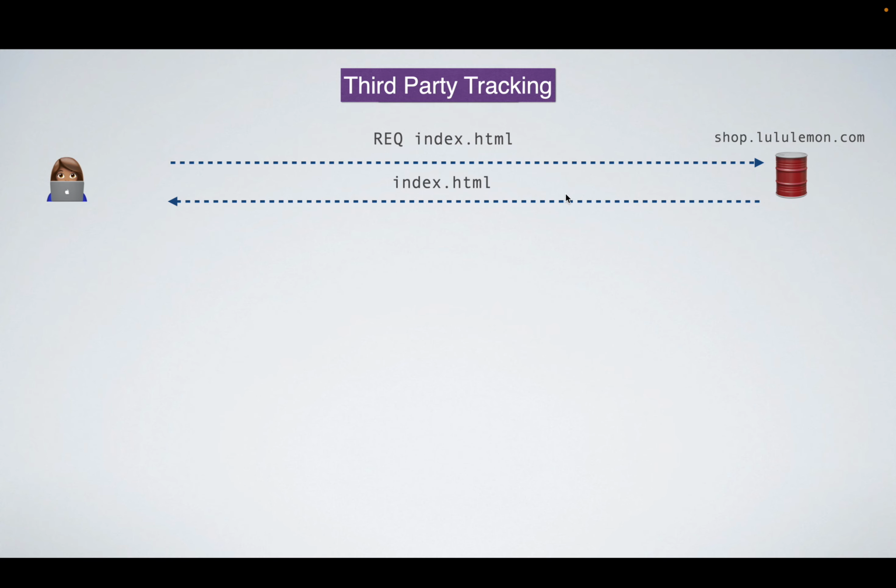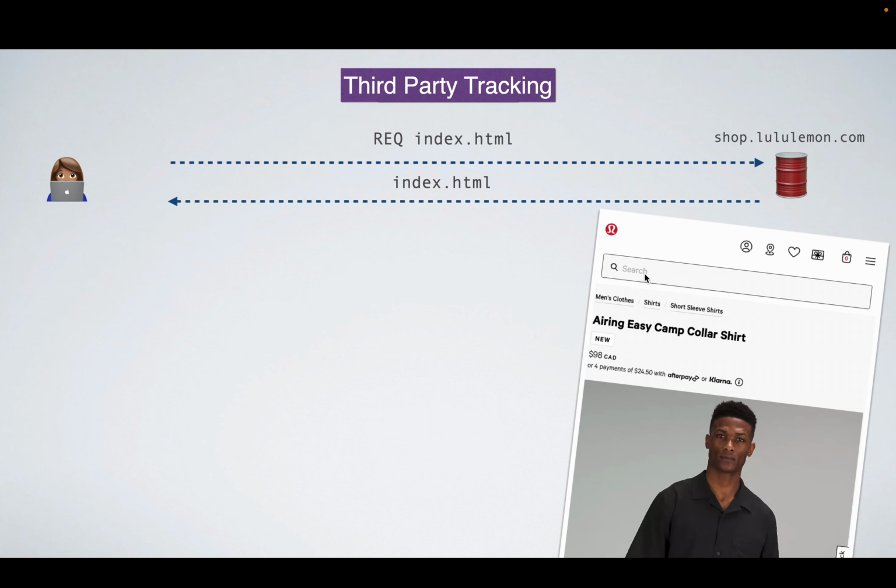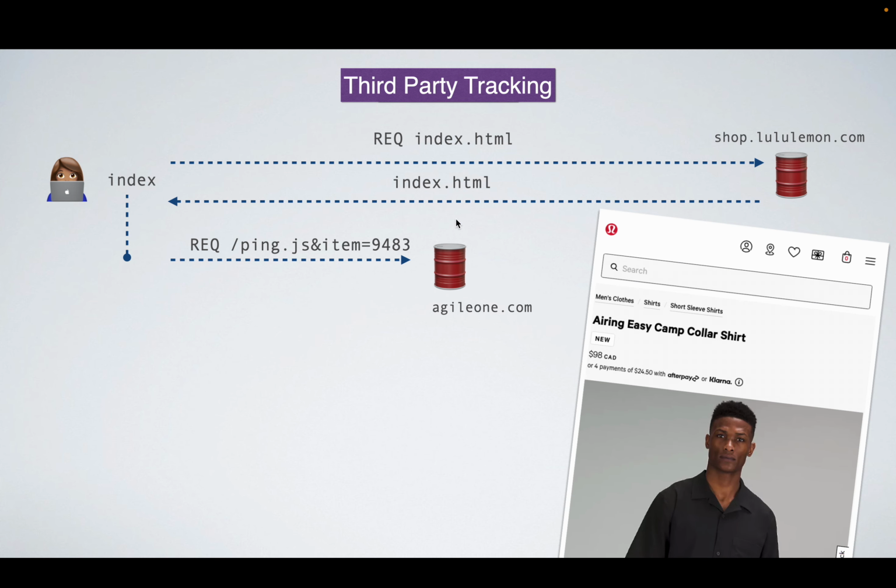So the way tracking works, this is sort of what that video was about. I send a request, say to Lululemon, I'm looking at some shirt. I'm like, I want that shirt, it's a nice shirt, okay? What will happen is when I go to this website, Lululemon might have a relationship with an ad agency or someone that's tracking.